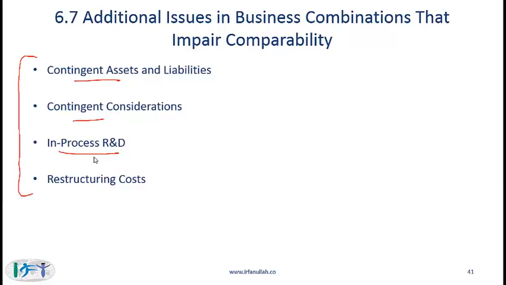And as analysts, we need to recognize the fact that there is subjectivity, and we need to be careful when we compare different companies. If you want more details, you can read the curriculum, but again, I think the probability of being tested on the specifics here is relatively low.